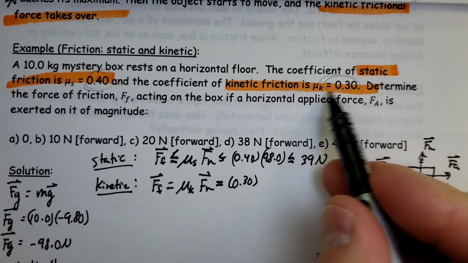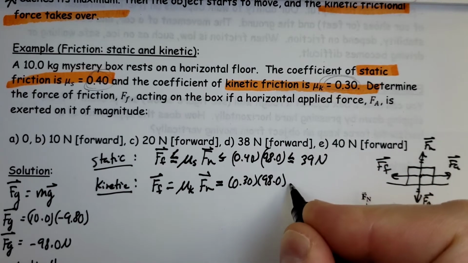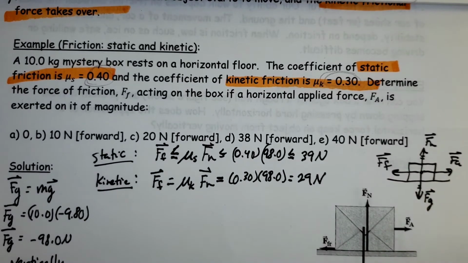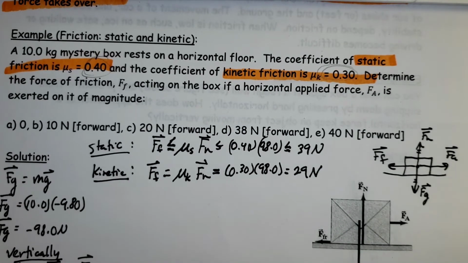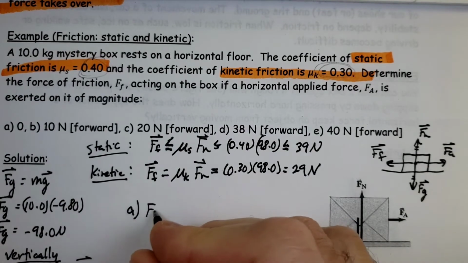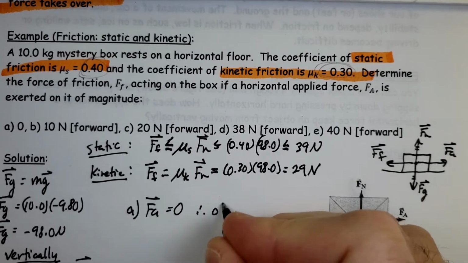So coefficient of kinetic friction is 0.3 multiplied by 98, and that's 29. Okay, so those are my friction forces starting and moving. Okay, so if I look at A, if my applied force is 0, well, object doesn't move.